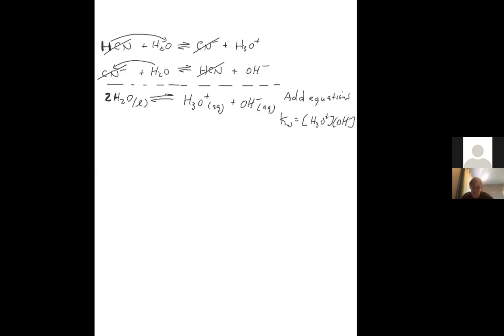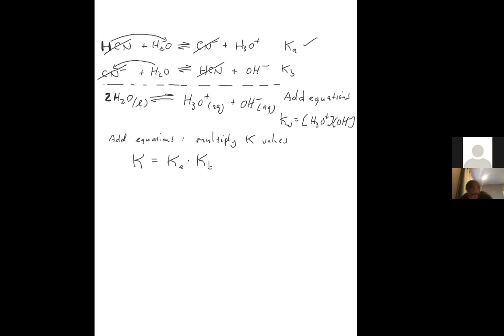Now, here's another thing we can say. We have a rule in terms of how we deal with equilibrium constants. Remember, this is Ka, this is Kb. And the rule is that when we add chemical equations, we multiply the K values. So in other words, if you add these two equations together, the overall value of K is just going to be Ka times Kb.